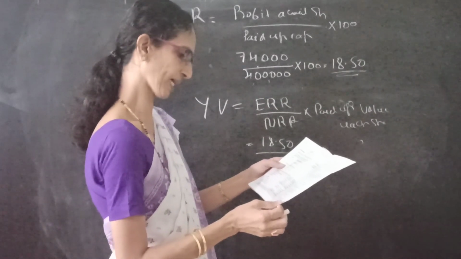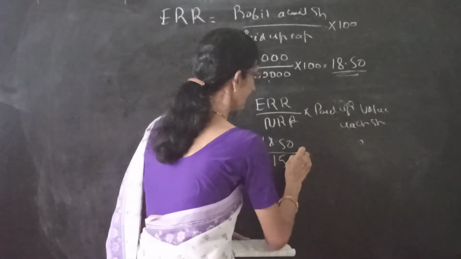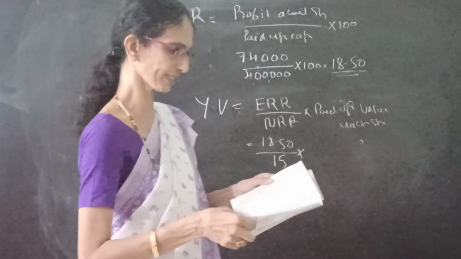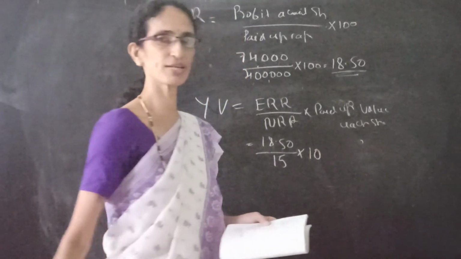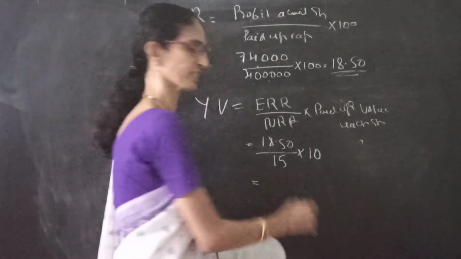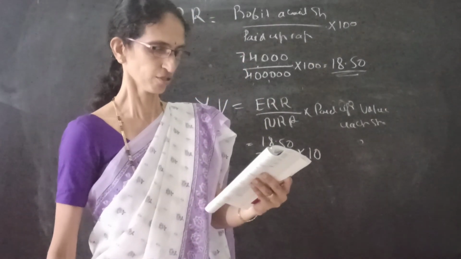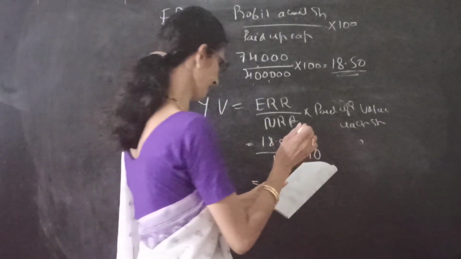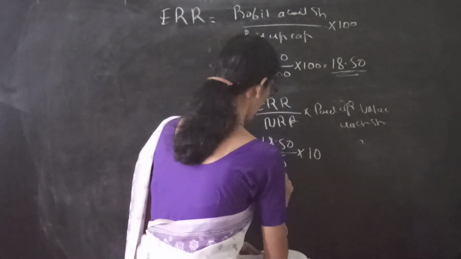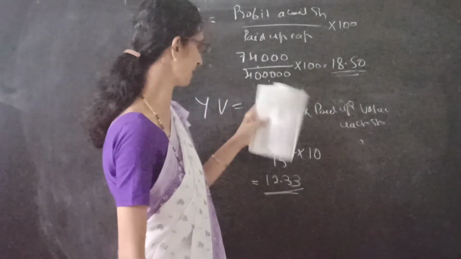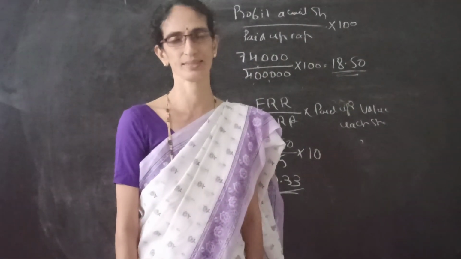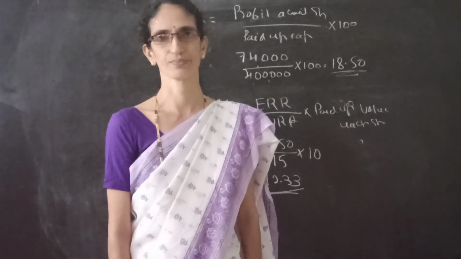So NRR is 15%. Into paid up value of shares, it is given 40,000 equity shares of rupees 10 each. So face value or paid up value of each share is rupees 10. So we get 12.33. So the value of share under yield method is 12.33.